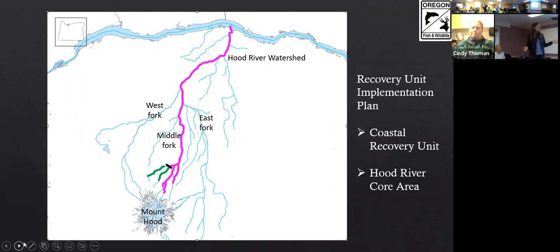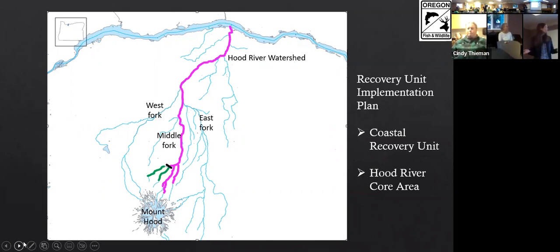So while it references the Hood River core area, the population is fragmented, meaning that we sort of have two local populations within our watershed. And obviously the green portrays the other component of the Hood River bull trout population, which is the population that exists above Clear Branch Dam.